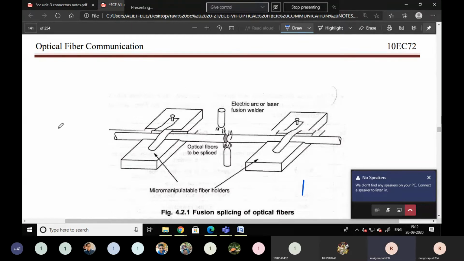We are going to join two fibers with some flame or fire, that is, an electric arc or laser fusion welder, laser welding. These are two clips to attach the cable, like two clips.